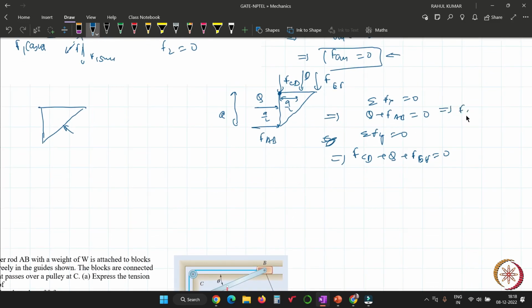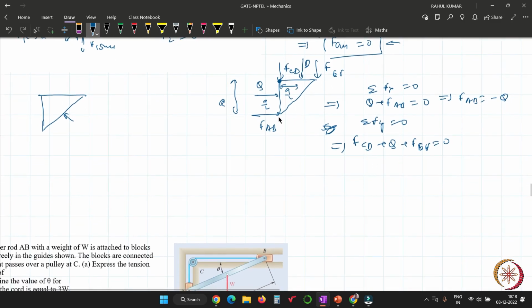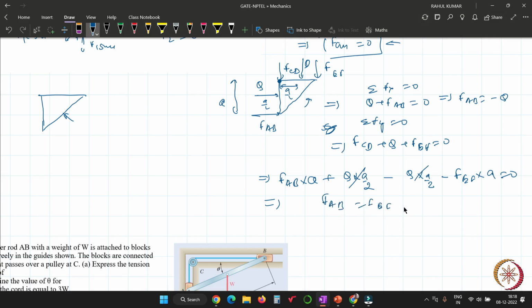Here you have achieved FAB equal to minus Q. Now apply the moment equilibrium about this point: FAB into A, plus Q into A by 2, minus Q into A by 2, minus FEF into A equal to 0. So this will cancel out, and FAB equal to FEF, right?